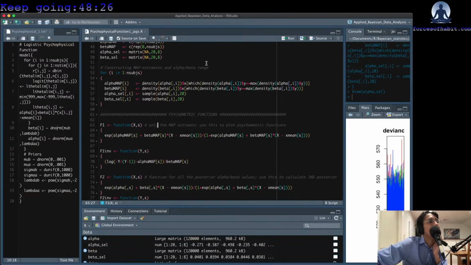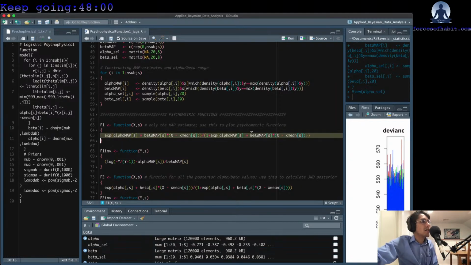The map estimate, is it talking about the PSE? Anyway, it looks like we take the exponential of our distribution over 1 plus. So we're essentially building the logistic function for the given subject.